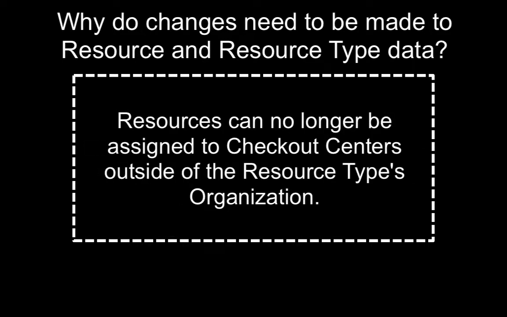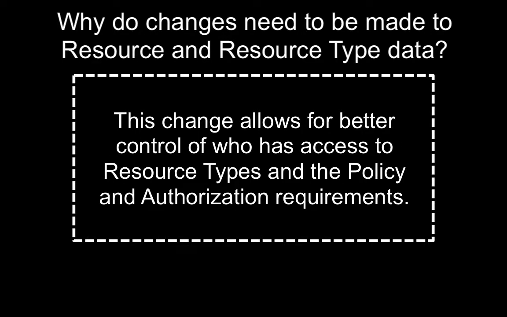Resources can no longer be assigned to checkout centers outside of the resource type's organization. This change allows for better control of who has access to resource types and the policies and authorization requirements.